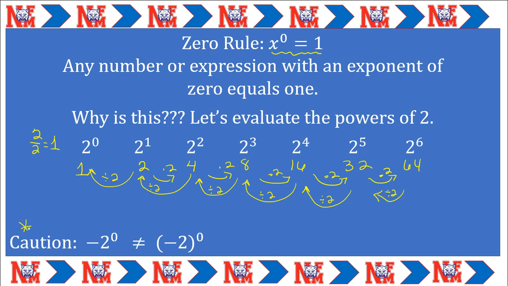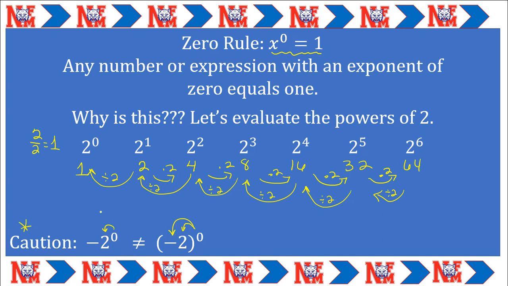Now let's be certain about our negatives though, like we learned in the last lesson. So we have negative 2 to the 0. So the 0 is only applied to the 2. And then we have negative 2 raised to the 0. So both the 2 and the negative is raised to the power of 0.